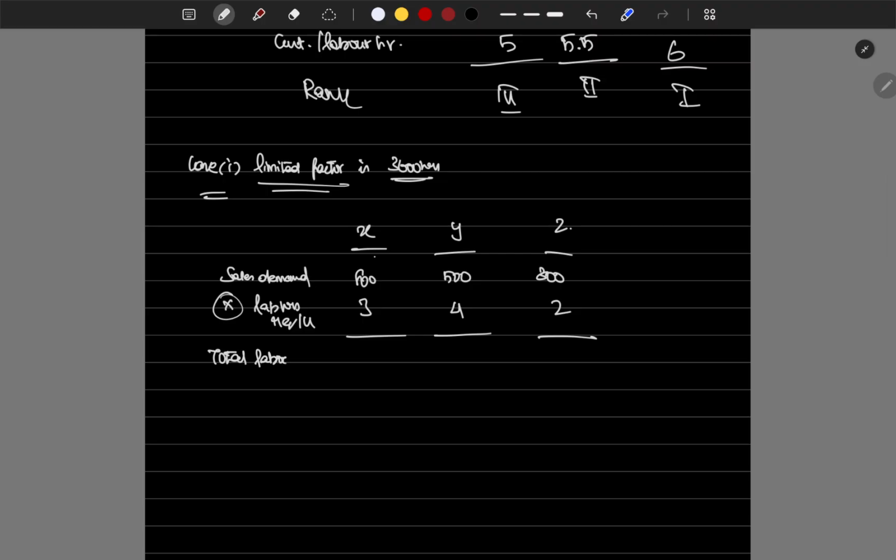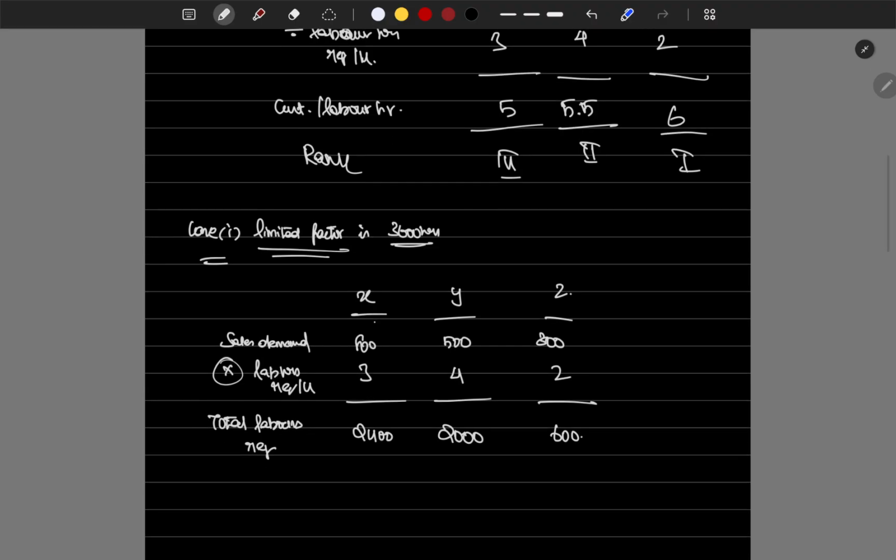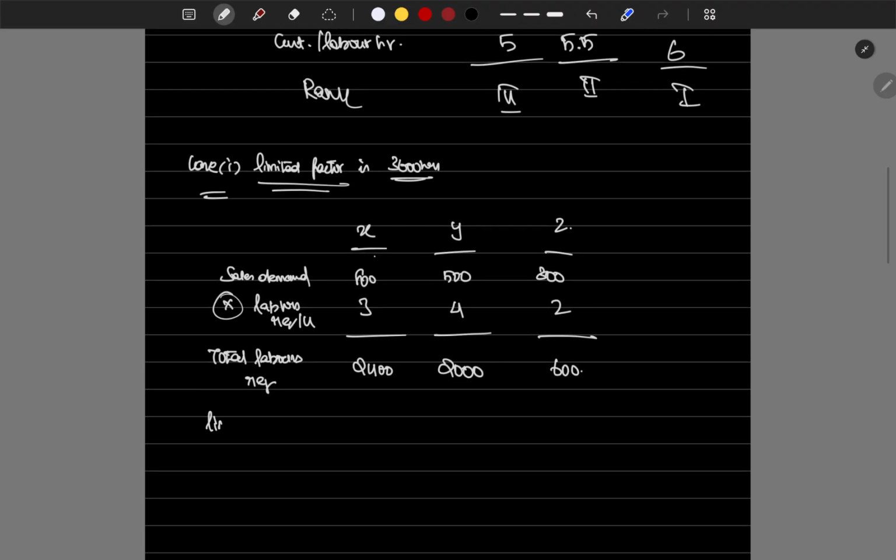Total labor hours required is 2400, 2000, 600. We have limited hours of 3600. We have to allocate based on the ranking. Since Z is first rank, we will allocate all the 600 hours here.